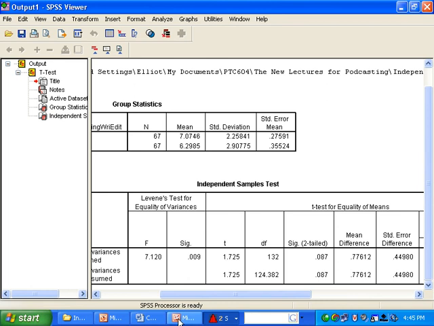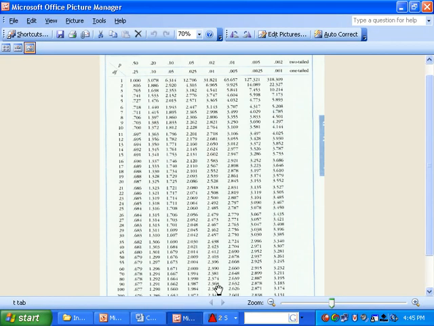Well, if we move to a table of such statistics, and we look at the 0.05 confidence interval, two-tail, because we don't know which direction this is going to be indicated, and we look at the degrees of freedom, we find that we would have had to hit a figure of 1.984 in order to meet or exceed the t-statistic.